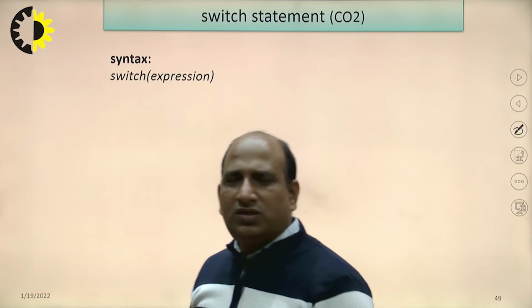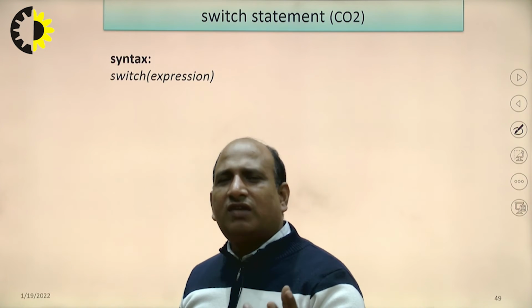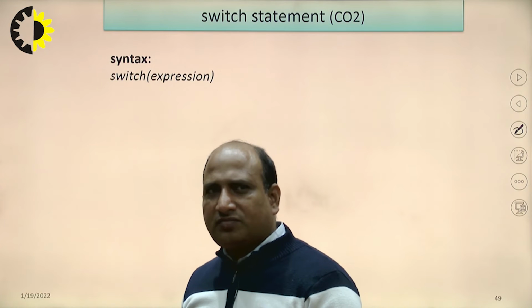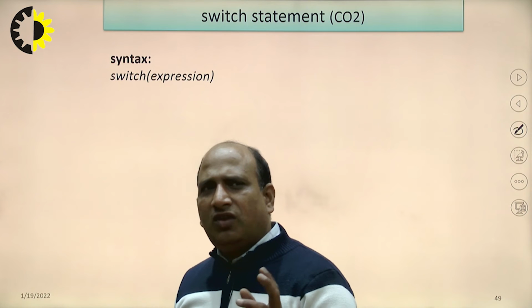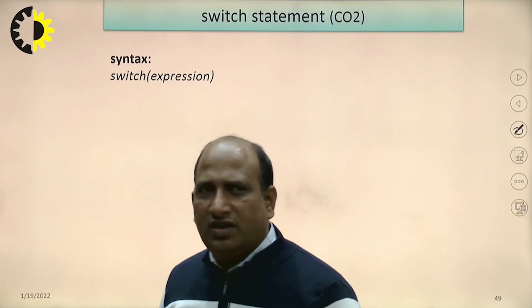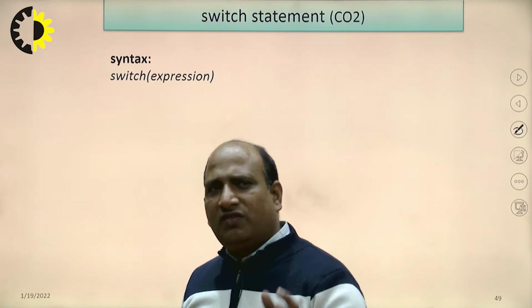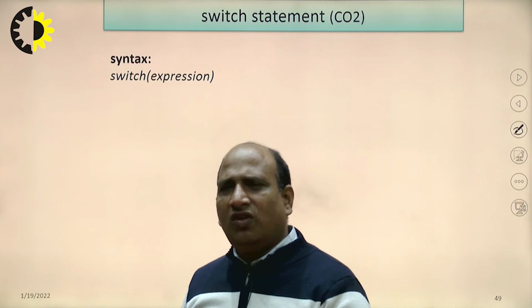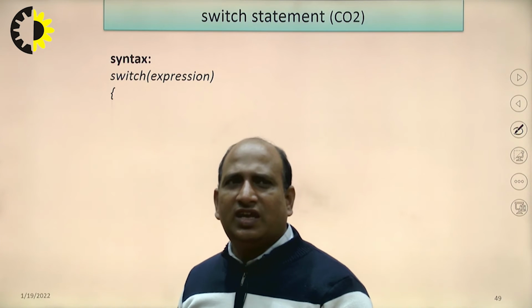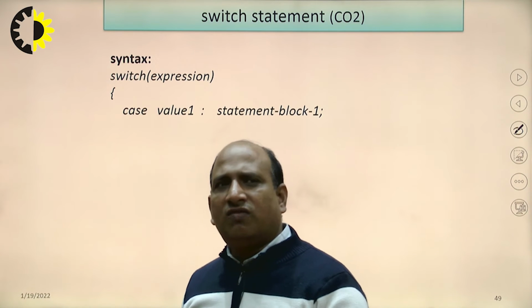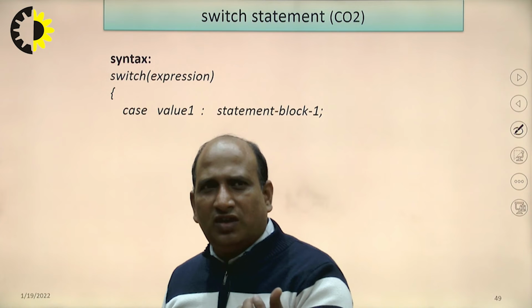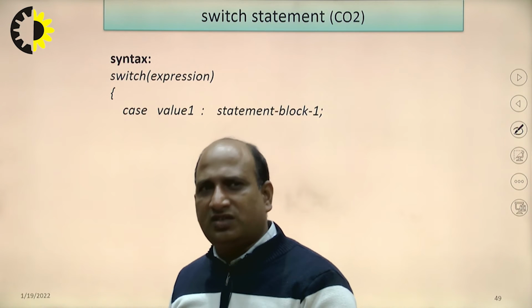We write switch, and in brackets we write some expression, and the value of this expression is evaluated, and for the different values of the expression we make different cases like this. In the switch block we have written case value 1, which is the evaluated value of the expression.